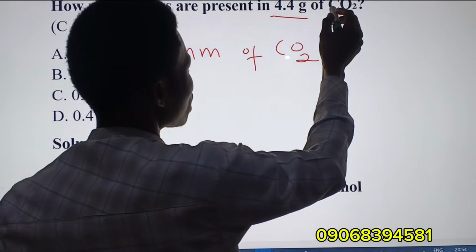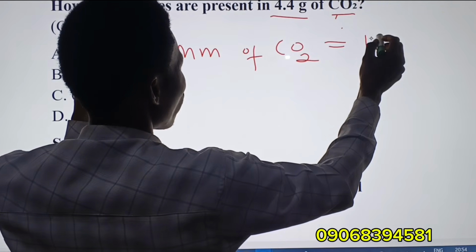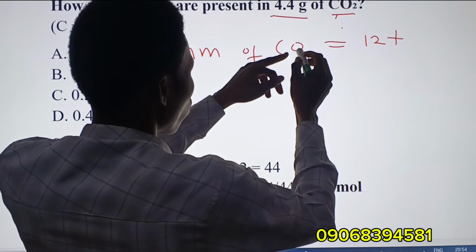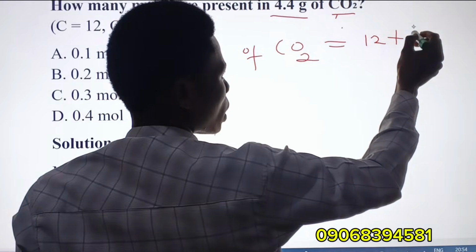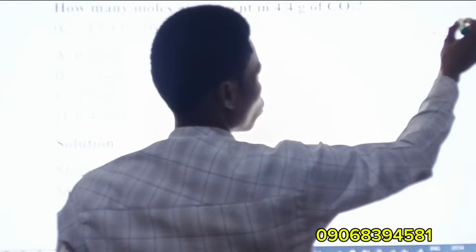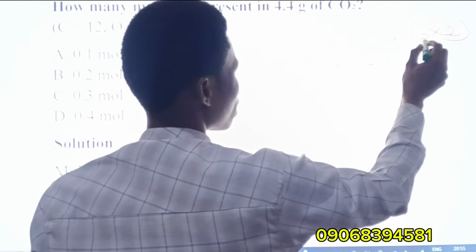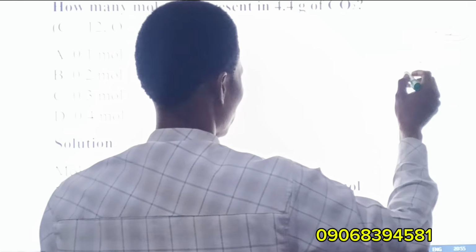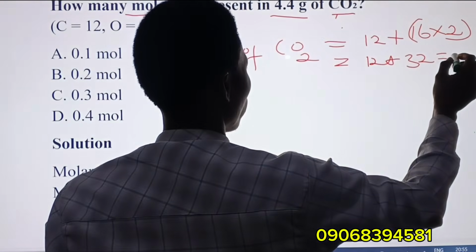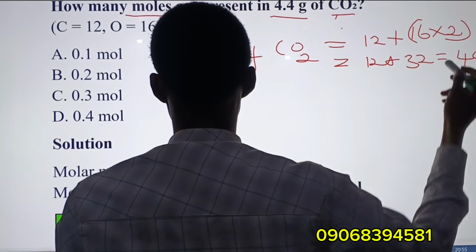The molar mass of CO2: C here is 12, plus O, which is 16, but we have 2 of O here, so 16 times 2, which is 32. So 12 plus 32 becomes 44.